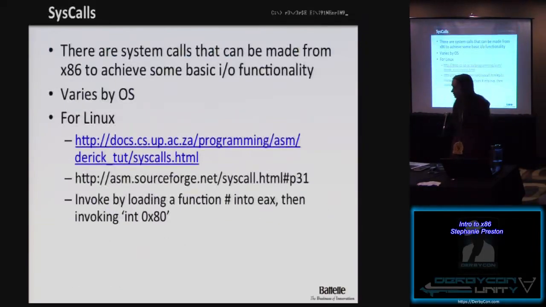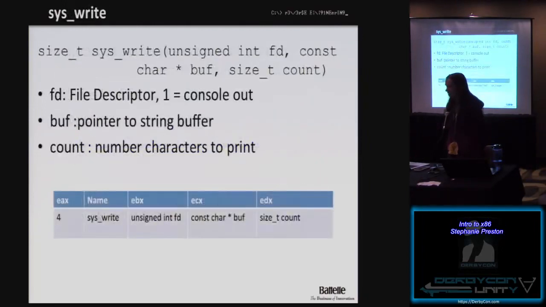Syscalls. There are syscalls that can be made from x86 to achieve some basic I/O functionality. It varies by OS, but specifically for Linux there's a nice list here, though I'm just going to tell you the main two. First, sys_write. It's handy to be able to write out to the console from x86. There are several ways to do this.